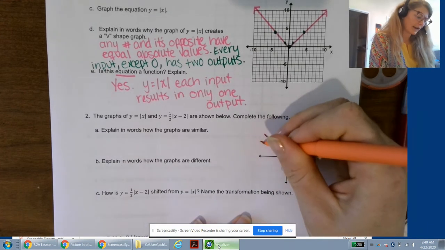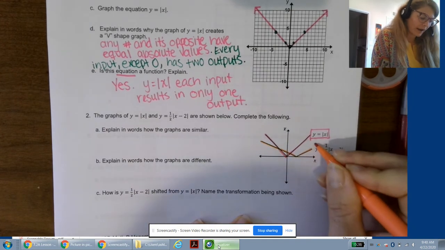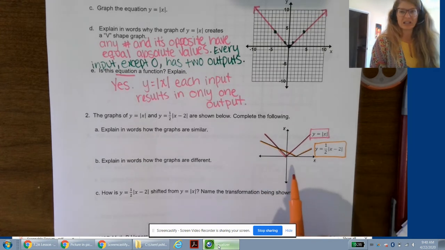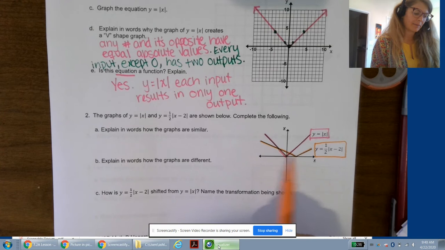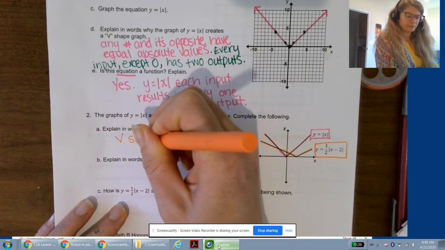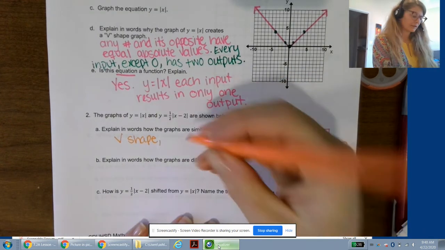And now we're going to look at this other function. And notice, just looking at the graphs, there's a lot of things that are different and similar here. So how are these graphs the same? Well, they both have a V shape. They both open upwards.